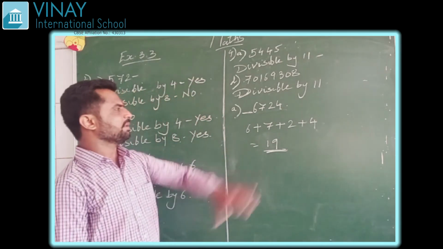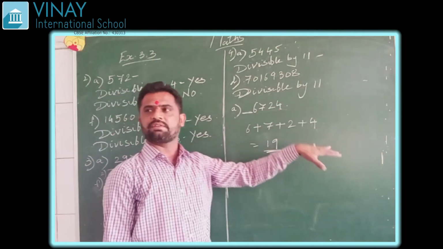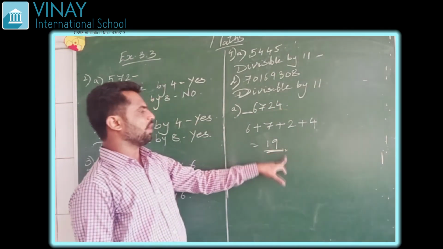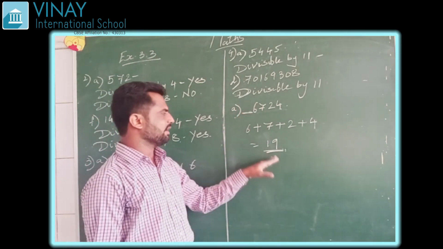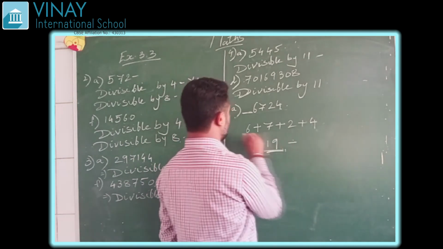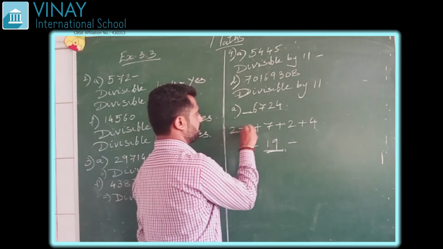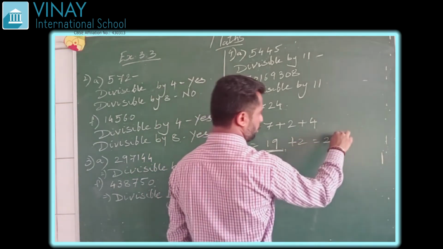Now to make it divisible by 3, we need the number which is divisible by 3. So which is the smallest number we can put here so that it will be divisible by 3? If we put 2 here, plus 2, then it will be 21.